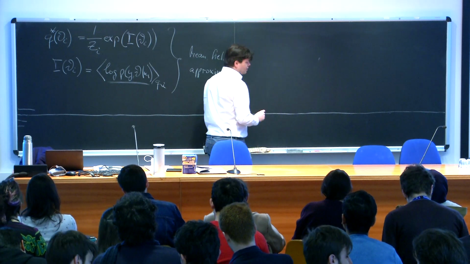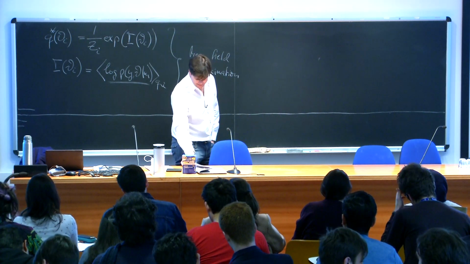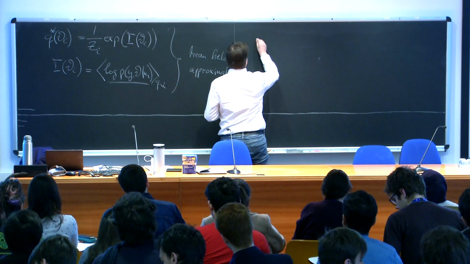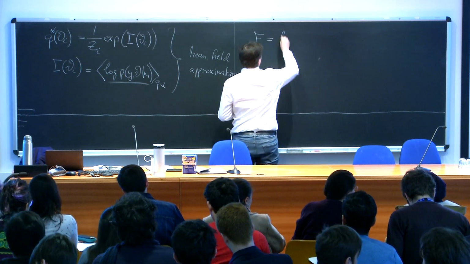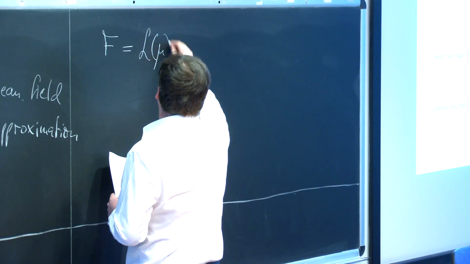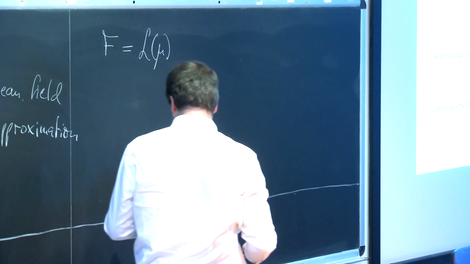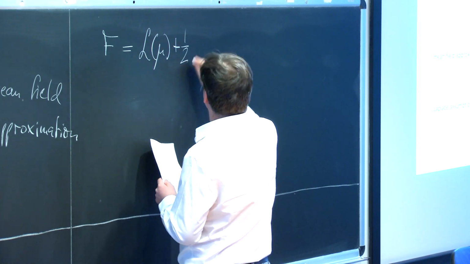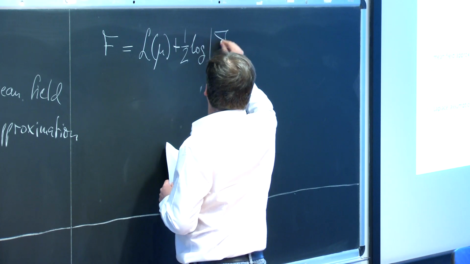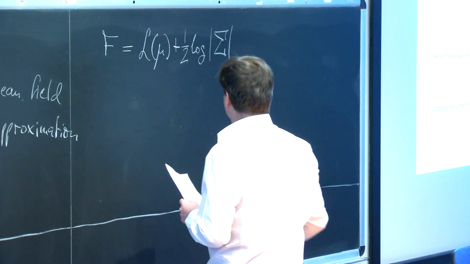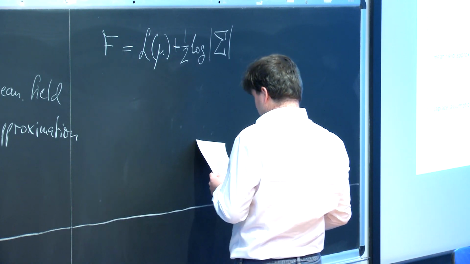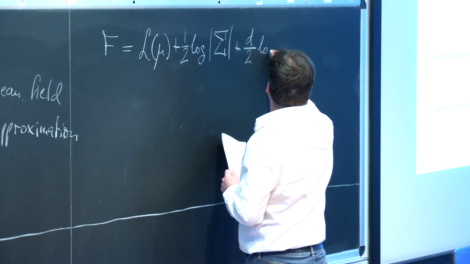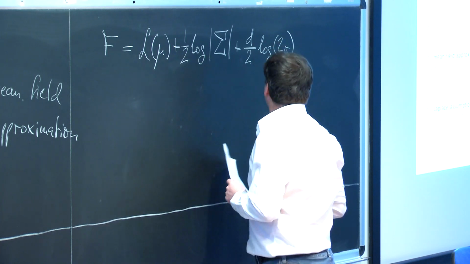And what we found there is that F is the log joint at our expansion point mu plus 1/2 log determinant of the covariance plus half the number of dimensions we have times log 2 pi.